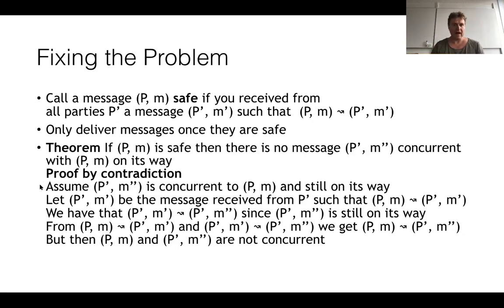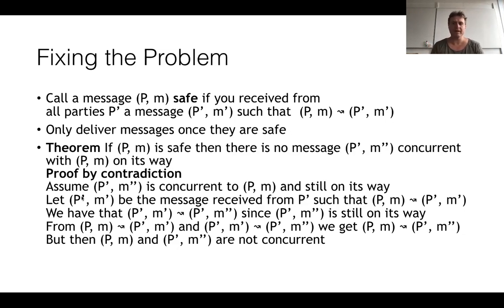Let's say I have a message from P prime called M prime prime, which is concurrent with my safe message and which is still on its way. This is what shouldn't happen, so let's assume for now that it happened and see if we can reach a contradiction. There's this concurrent message from P prime on its way. So let's consider P prime.